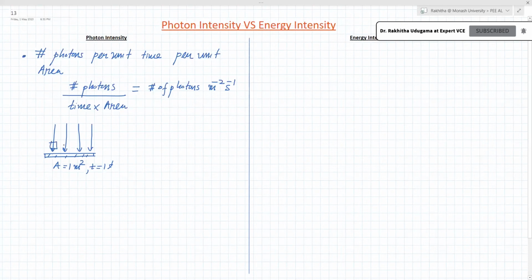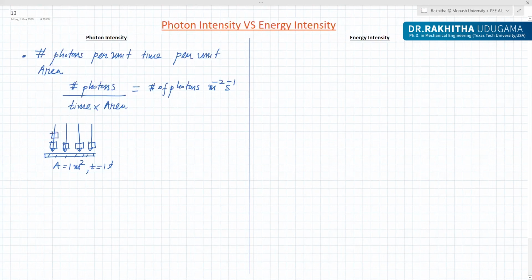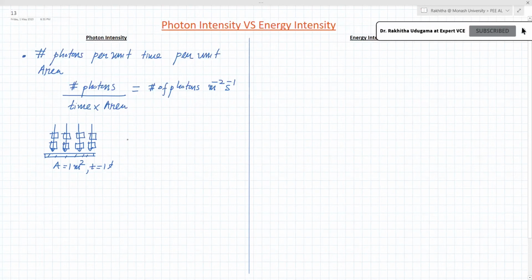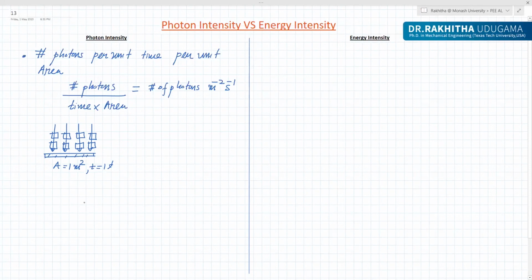So here we are mainly looking at the photon count. We have to really understand this. Now in the photoelectric effect, both photon intensity and energy intensity can be given, so we have to be careful.